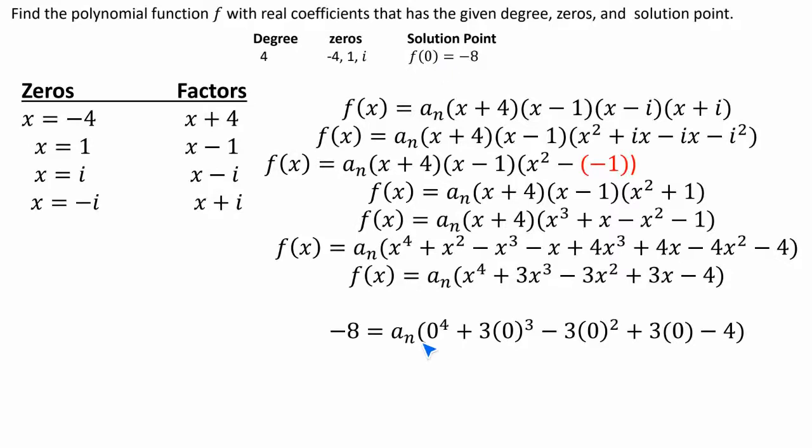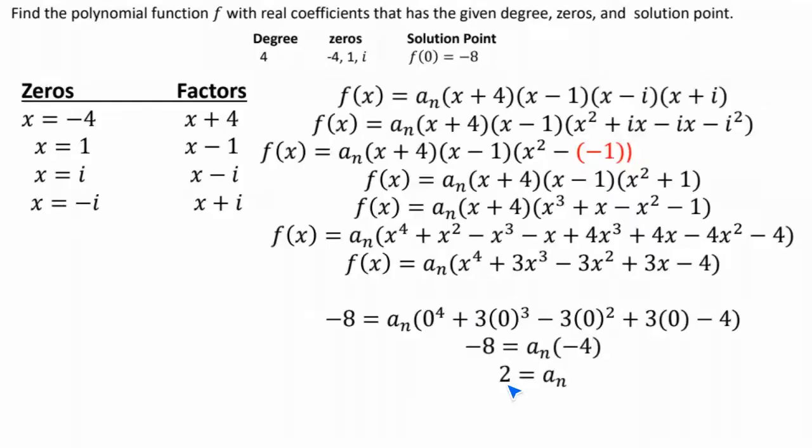Okay, so I'm going to set this up as negative 8 is equal to my leading coefficient, and anywhere I see an x, I'm going to replace it with 0. So I have all zeros since I have all x's here. And if I simplify, I end up with a_n times negative 4. And if I divide by negative 4, then I get 2 is equal to a_n. So they're telling me here that my leading coefficient is 2.